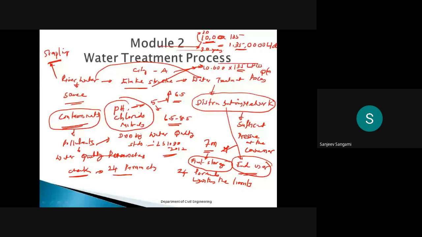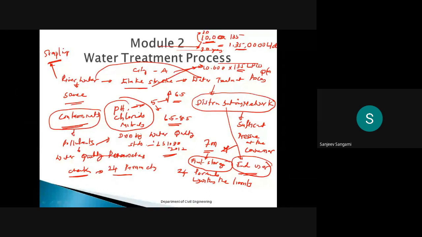So this is the complete process of a water management system in any of the cities. If they ask any question related to the water management system in a particular city, you have to explain all these things. It will start with the source, the intake structure.